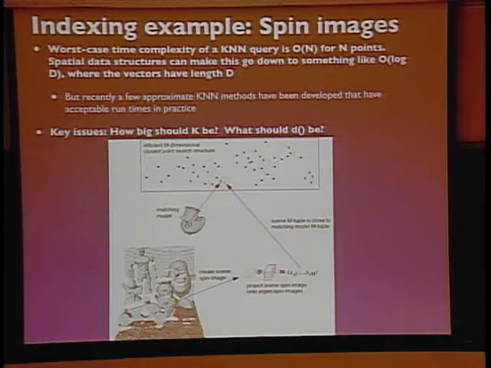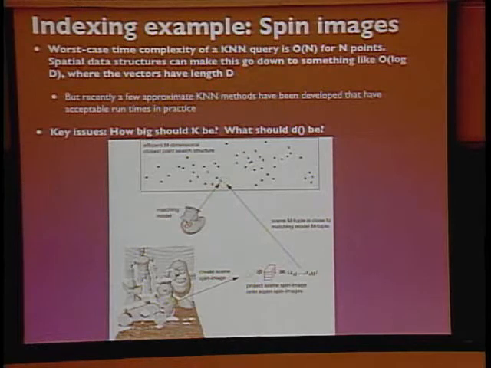Now, if k is too small, then you might miss the actual correct corresponding point between the scene and the models. But if k is too large, then practically speaking, while the time complexity of doing this proximity query does not seem to go up with k, realistically speaking, it does.